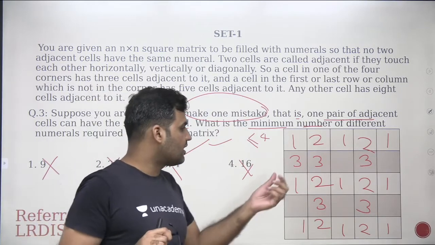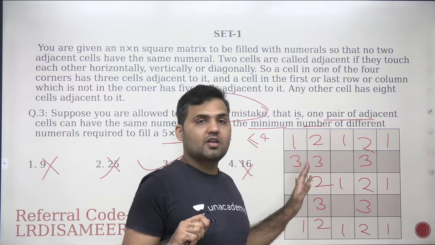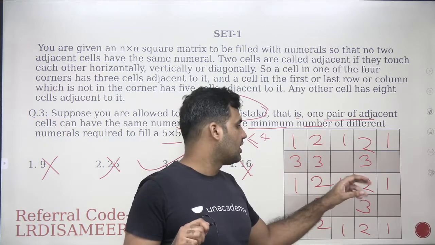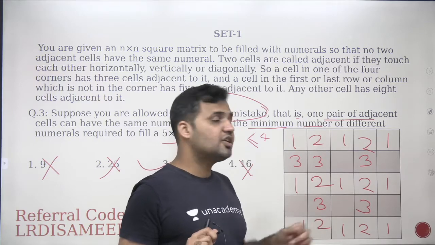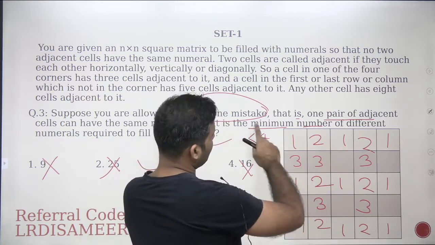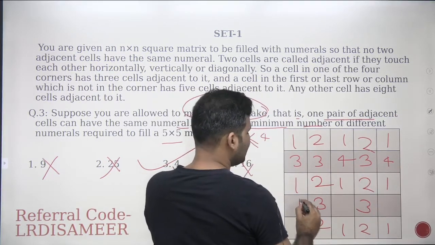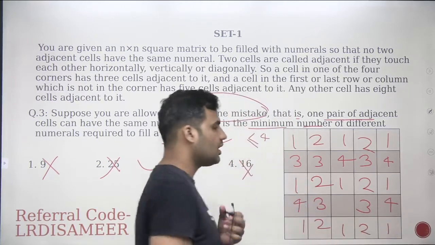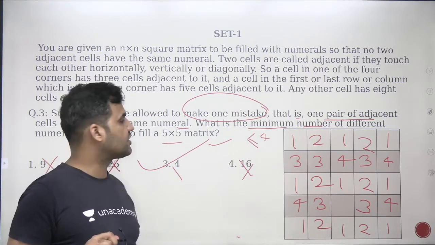That error is allowed only once. I cannot commit that same error again. I still have these numbers to fill, and I still need to use a different digit, because now a mistake is not allowed. I still will require 4 to fill at these places. So therefore, the minimum number of digits still required to fill a 5 into 5 matrix is 4.